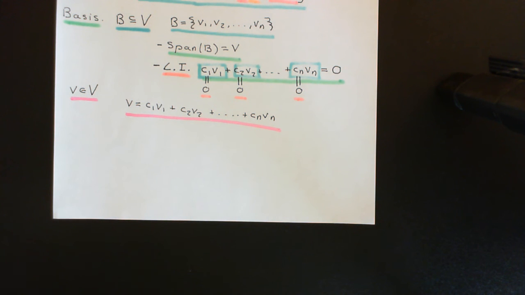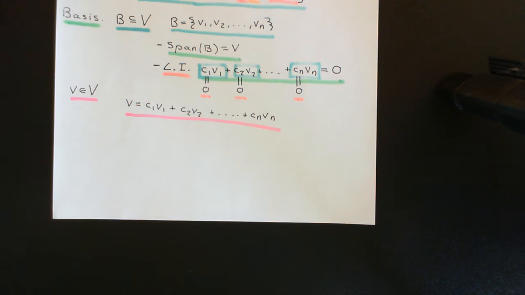Well, the absolute starting point is the definition of finite dimensional vector space. So remember, a finite dimensional vector space is one for which there is a finite subset of vectors of that vector space which spans the entire vector space.